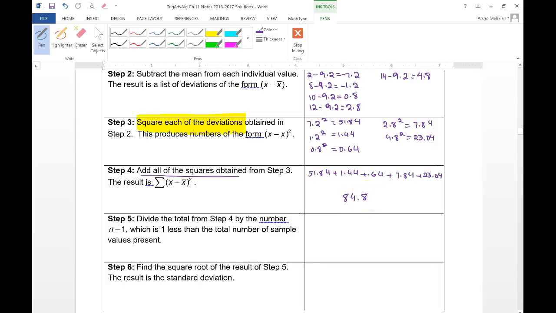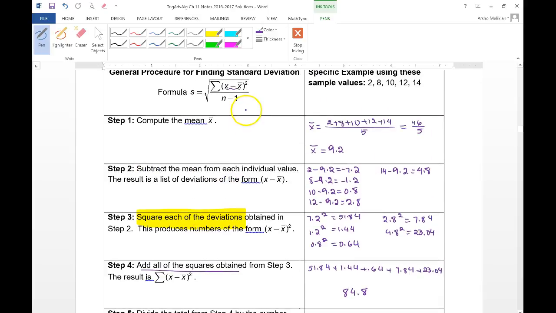Does that make sense? Okay. Let's just see where we are in that cute little formula.